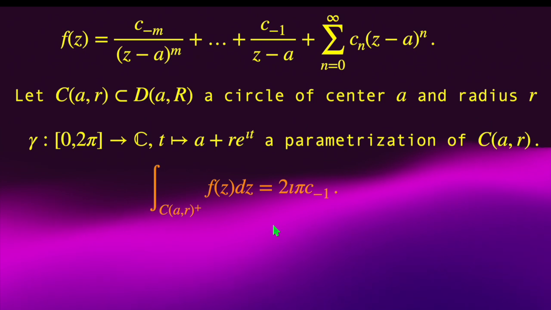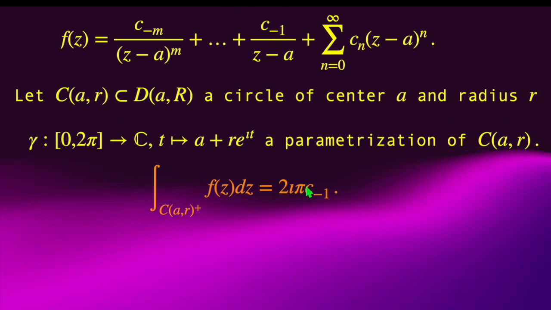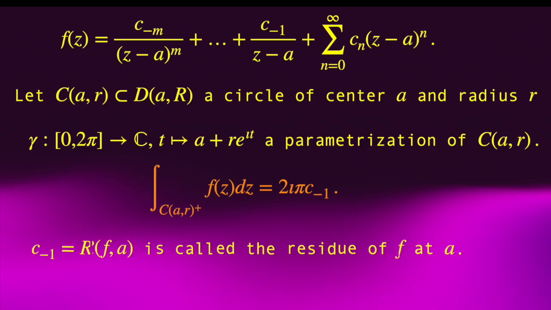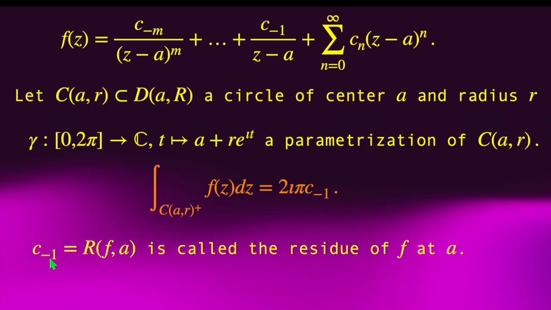It is the first residue formula. Here, this coefficient appears, and this coefficient is the residue of f at a. We call c minus 1 the residue of f at a.